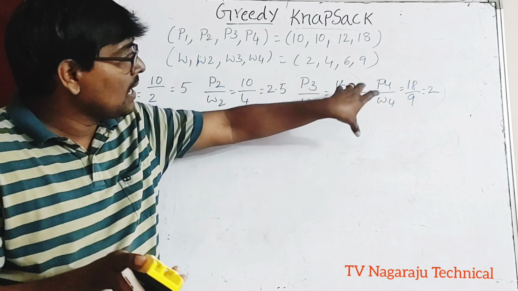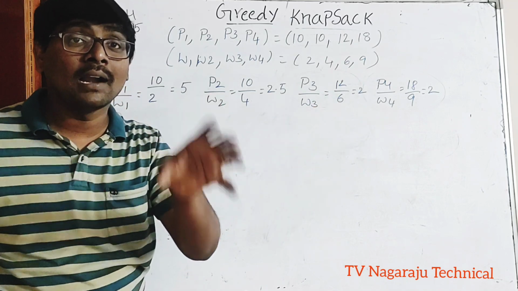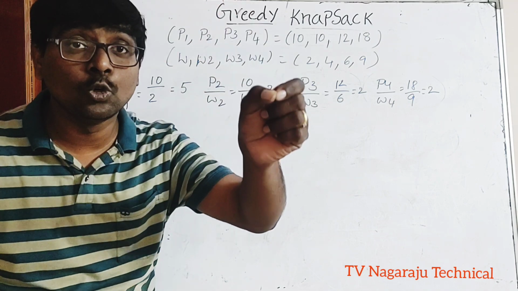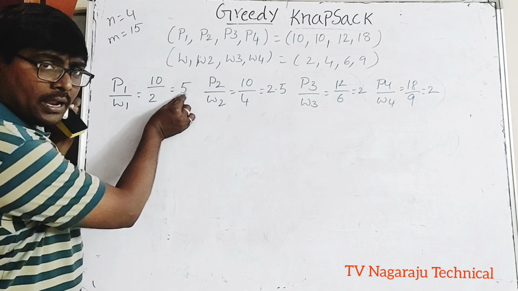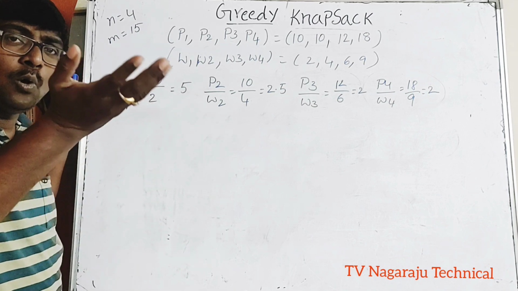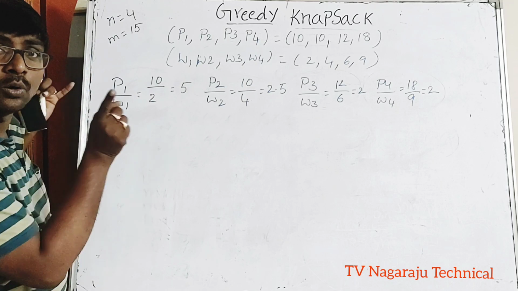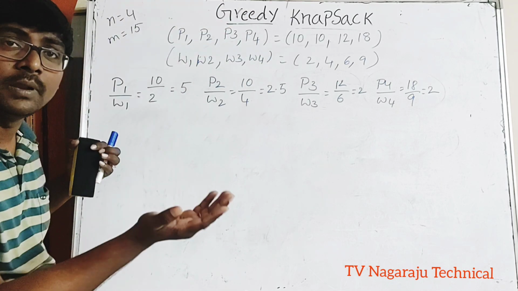What is the reason for calculating these ratios? Based on the results of the ratios, we decide the order in which we place the items into the knapsack. If the value is high, the numerator is high and the denominator is low.